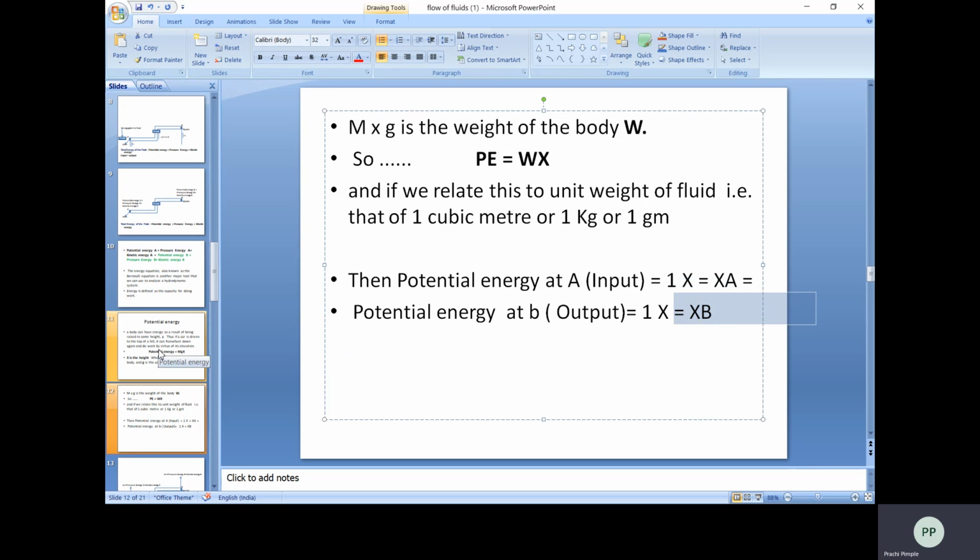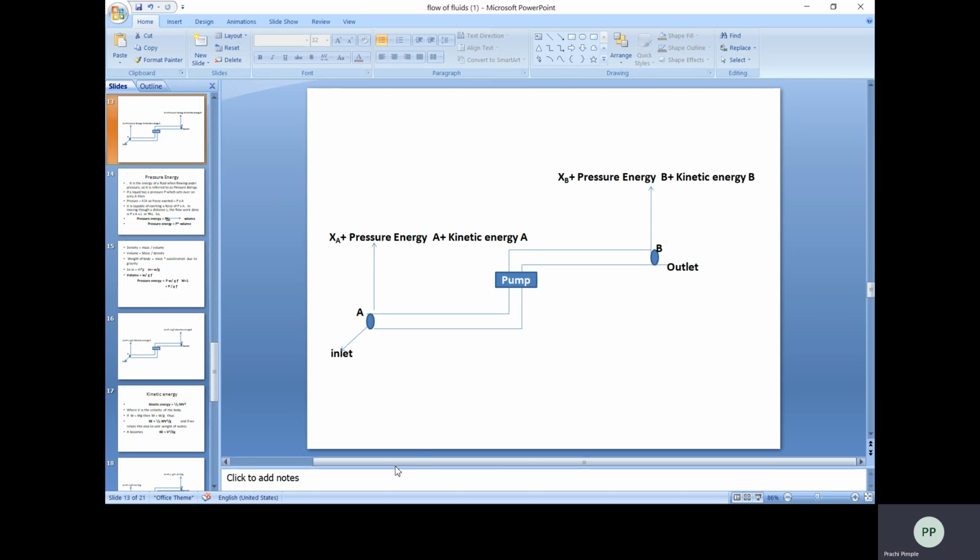If I rewrite that term again, I get total energy at inlet equal to XA, which is the potential energy, plus pressure energy at A plus kinetic energy. In the same way we have written it for the outlet.